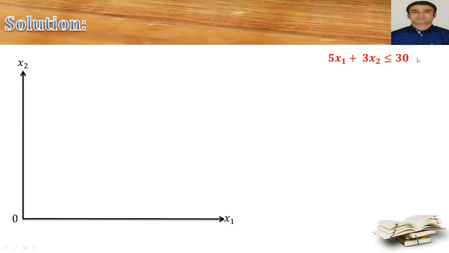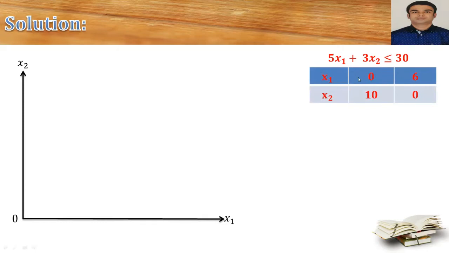To draw its line, we find two points. If x1 is 0, then 3x2 equals 30 and x2 equals 10.